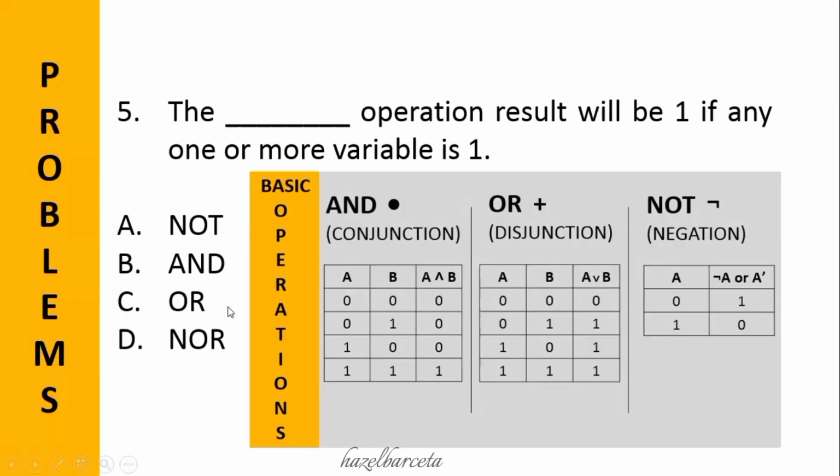Tanong, bakit po hindi AND? It is because ang nakalagay po dito ay pwede ang any one. So, pwede yung isa lang. 'Di ba po? Dito kay AND, ang kailangan natin ay lahat. Lahat ng variable, lahat ng inputs ay 1. Dito po kasi ay okay lang na isa lang. Pwede rin naman na dalawa or more. Depende sa variable. Okay? So, the answer is OR.